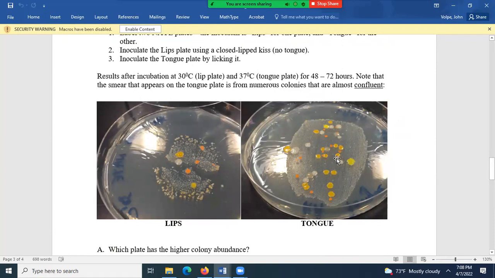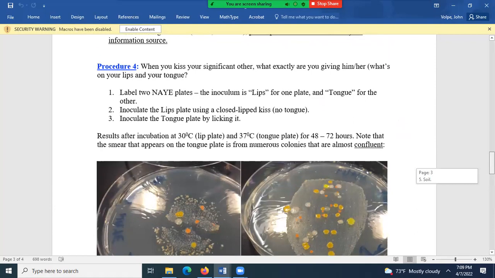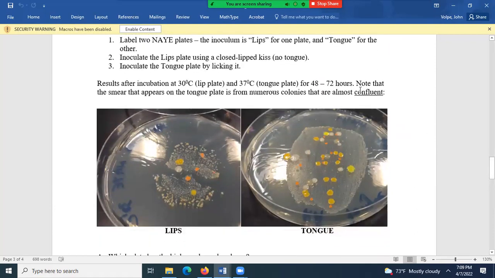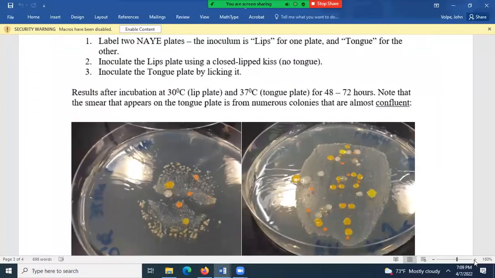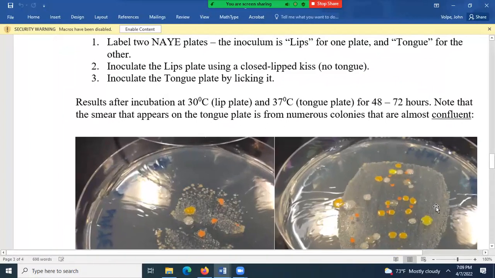When you look at this picture, I've got it here. Oh, there it is, the note that the smear appears from the tongue. If you look at that closely, you'll see that this smear here is made up of lots of colonies right here.